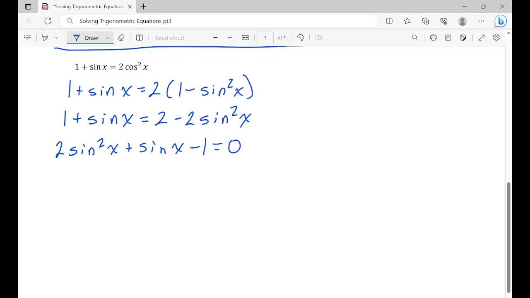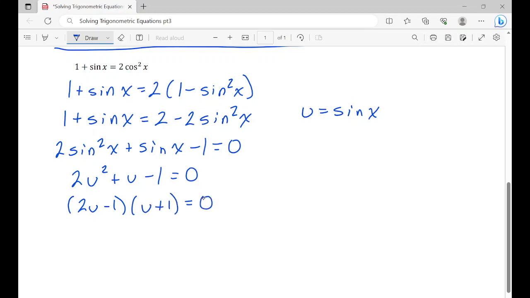And this is similar to the one before. I can use a u substitution, say u equals sine x, turn it into a quadratic. So 2u squared plus u minus 1 equals 0. Factor 2u minus 1, u plus 1, and then solve. u equals a half and u equals negative 1.